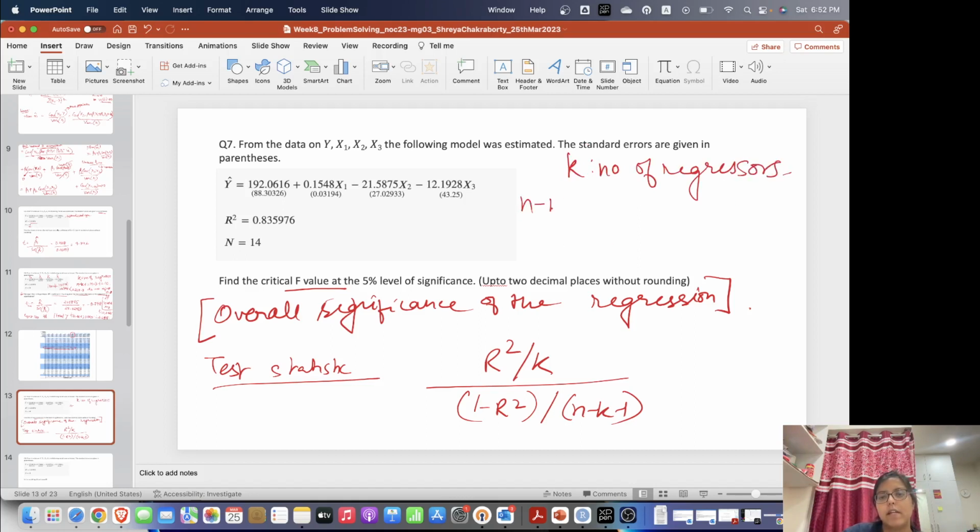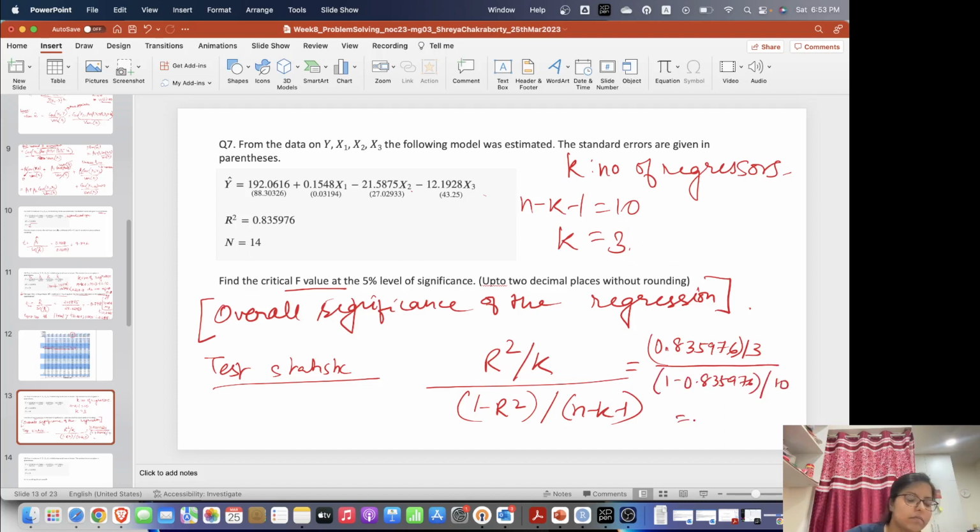Here n minus k minus 1 is 10, k is 3. So this would be 0.835976 by 3 divided by 1 minus 0.835976 divided by 10. How much are we getting this?